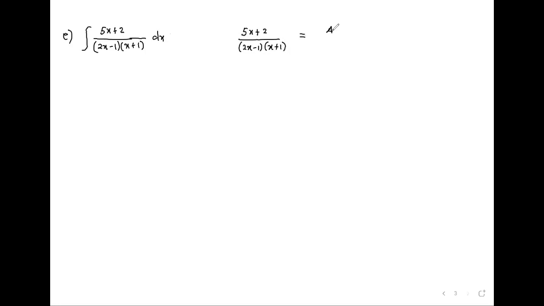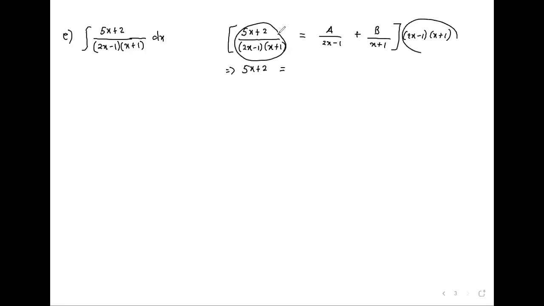Partial, you have A over 2x minus 1 plus B over x plus 1. And then the first step, you multiply throughout by the denominator 2x minus 1, x plus 1, so that you get 5x plus 2. When you multiply this guy by this one, this and that will cancel.